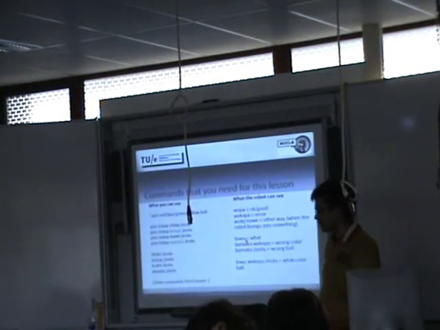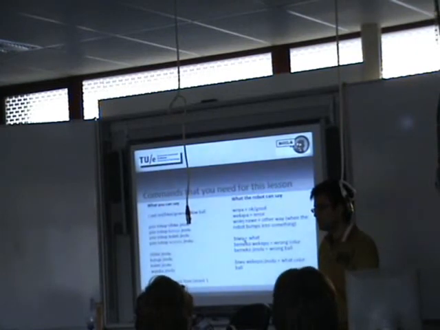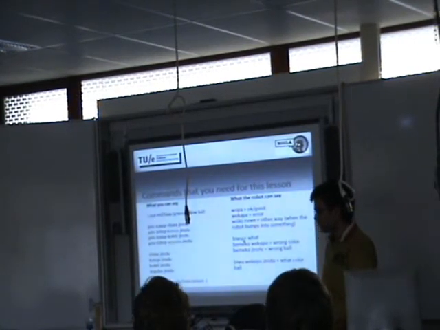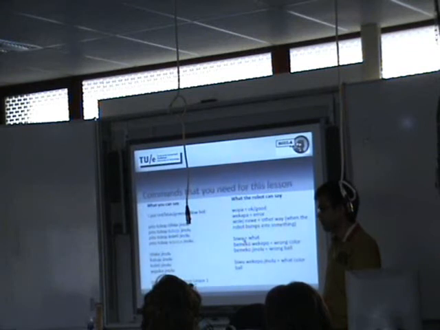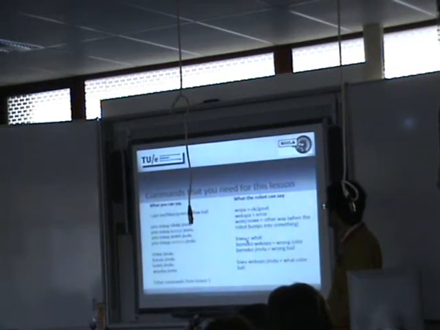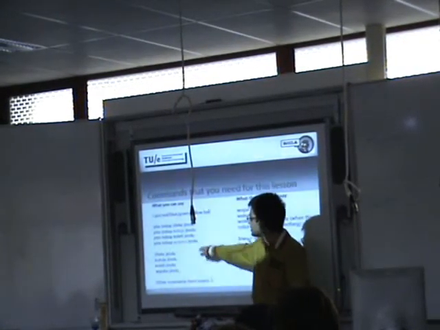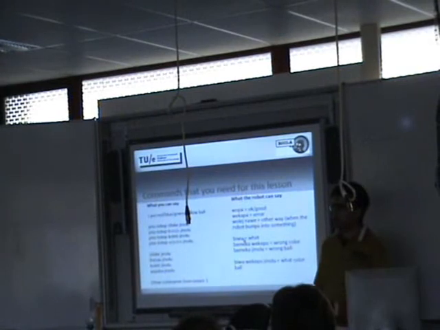Yeah, so this is the robot that you'll be using for this lesson. So if you want to shoot a ball, what you need to say is the color of the ball by saying this sentence, which means I put yellow ball.